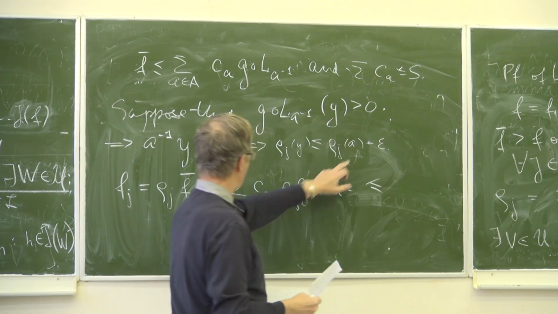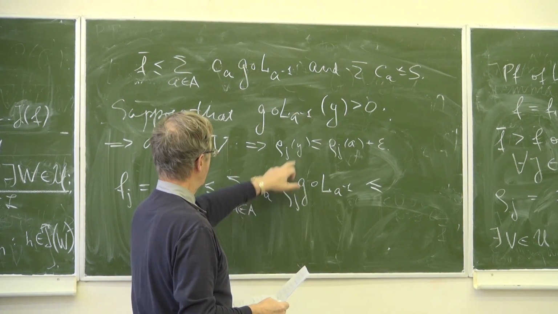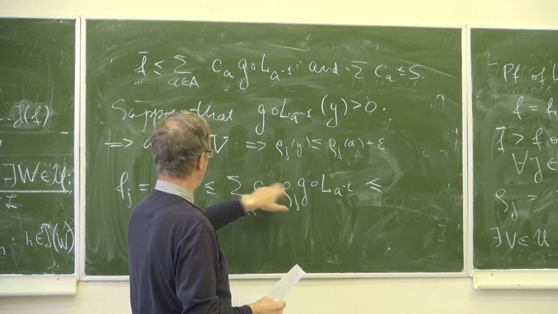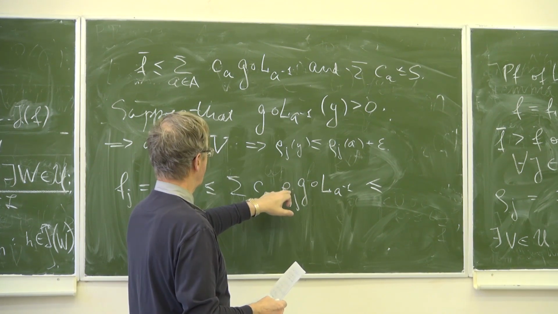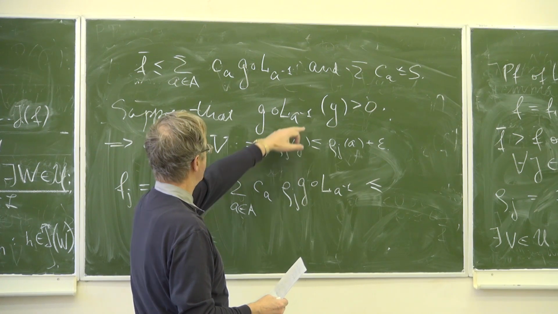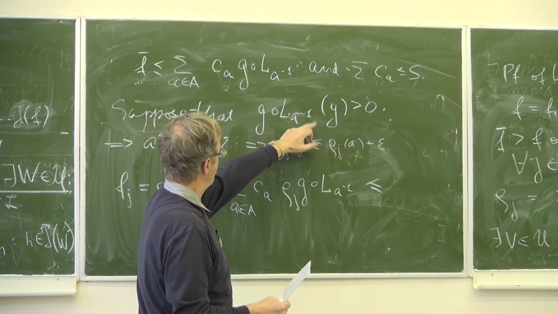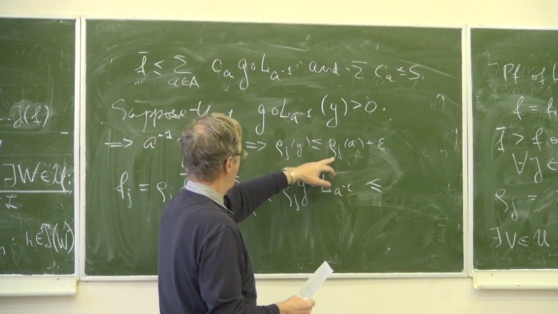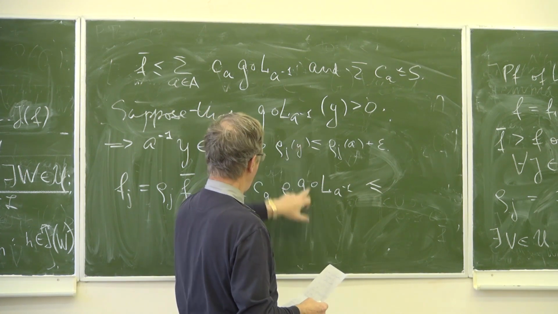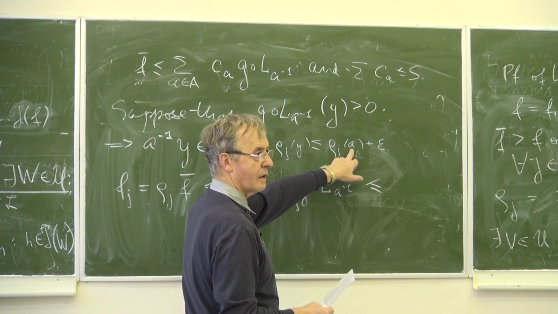Here we use this inequality. When the corresponding term is non-zero, we have rho j of y with this property, and then we replace this y by a.